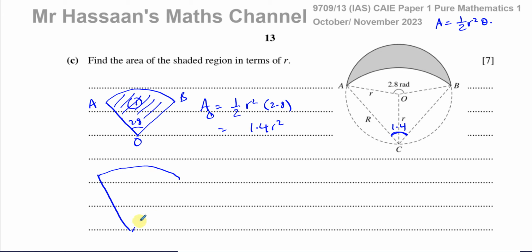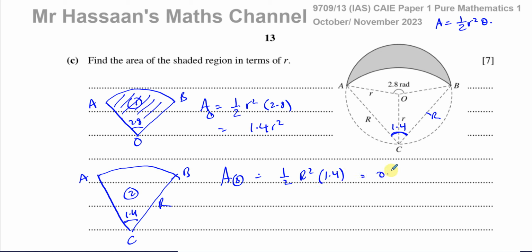Now this is C, this is A, and this is B. So this is now looking at the lower arc. So this now is 1.4, and this is capital R. In terms of the area, I'll call this area 2 for now. This is going to be a half times capital R squared times the angle 1.4.